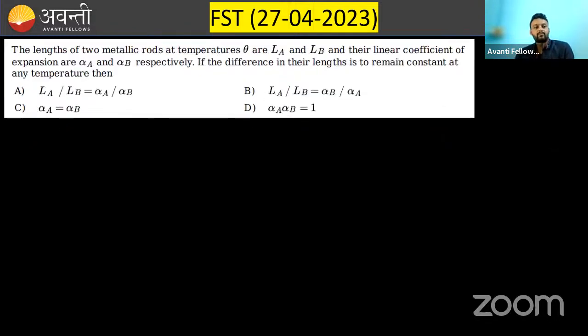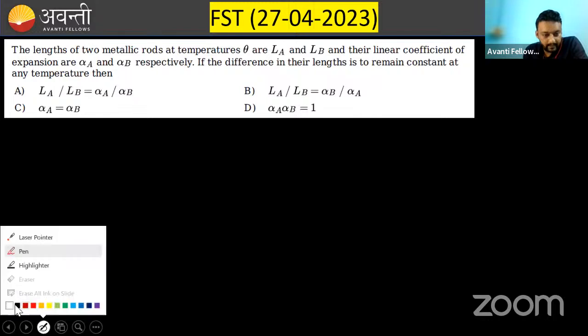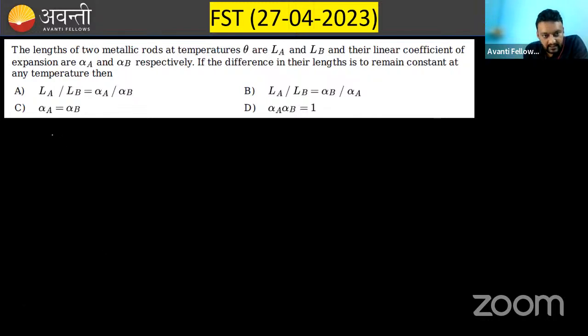Okay. Moving further. The lengths of two metallic rods at temperature theta are LA and LB, and their linear coefficients are alpha A and alpha B. That means they are saying there are two rods. These are the two rods.